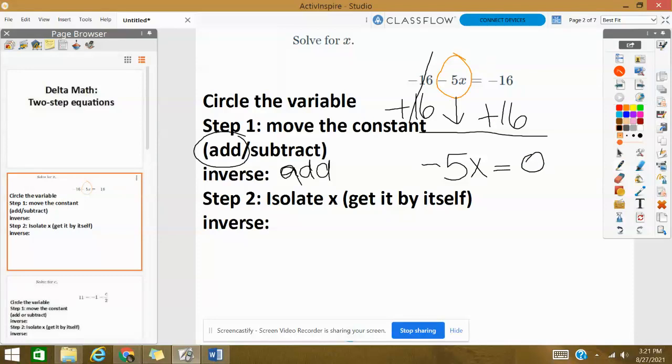Now, step 2 is literally saying isolate your variable, also known as getting it by itself. The operation that's being done here, we have negative 5x. This is understood as multiplication. So the inverse of multiplication in this case is to divide. Okay. So to get x by itself, I'm going to divide both sides by negative 5.